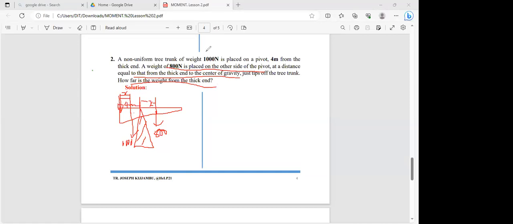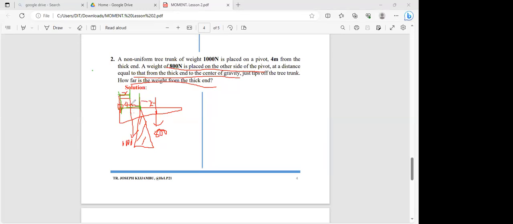Now, according to the diagram that we have drawn, we have the following things. We have this distance from here to the pivot is 4, but then the distance from the thick end to where the 1,000 is x. That means we have a distance from the weight to the pivot.